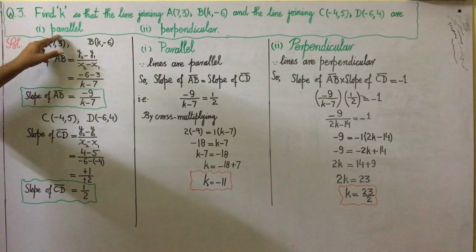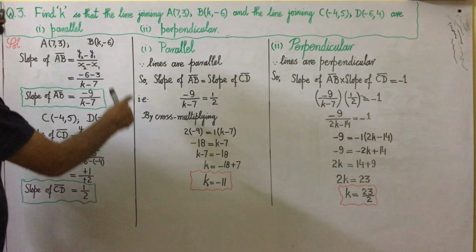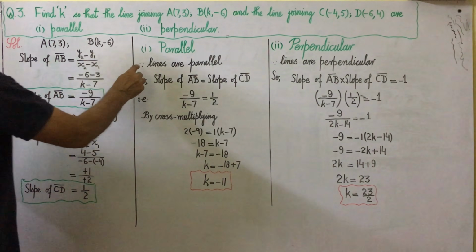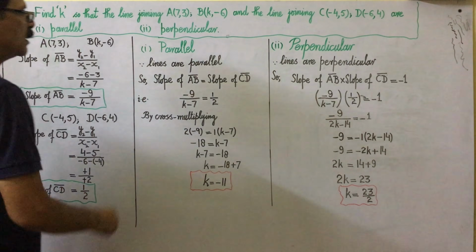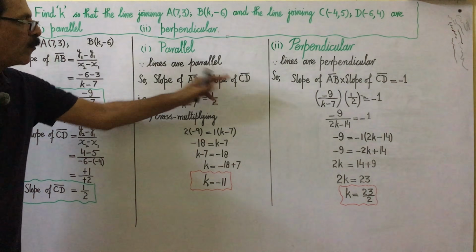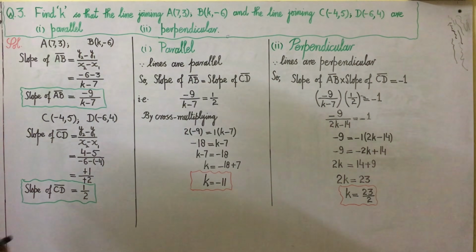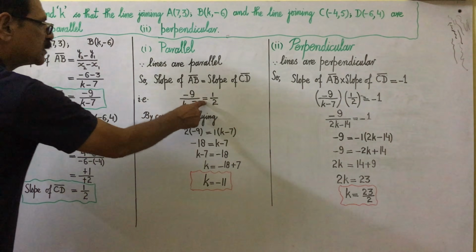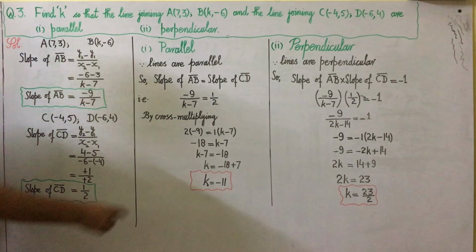Number 1, parallel, because it is given in the statement of the question, because the lines are parallel, so slope of AB is equal to slope of CD. Slope of AB is -9 over k minus 7 is equal to slope of CD is 1 by 2.